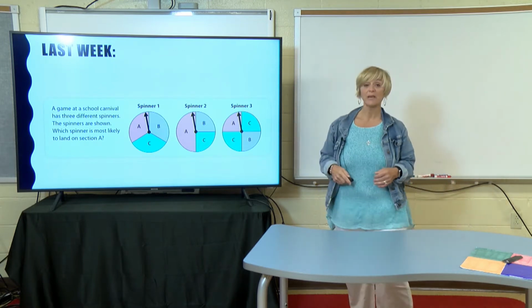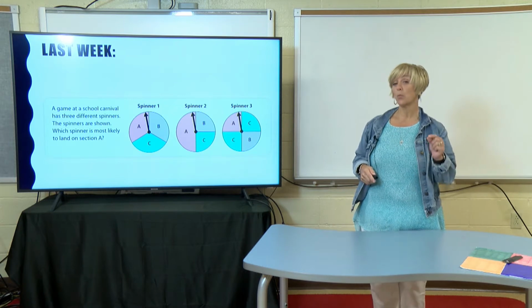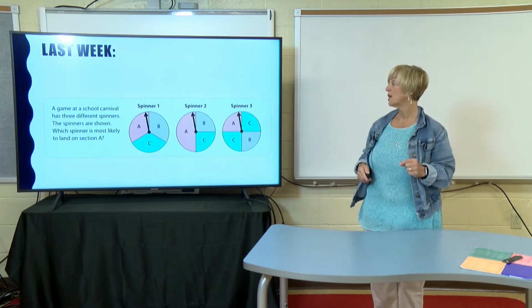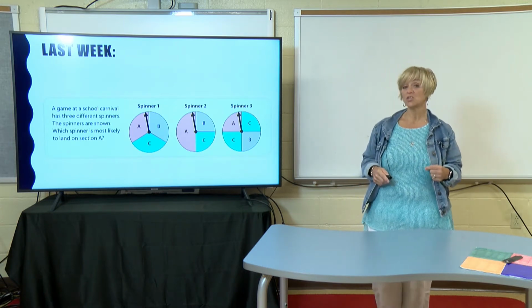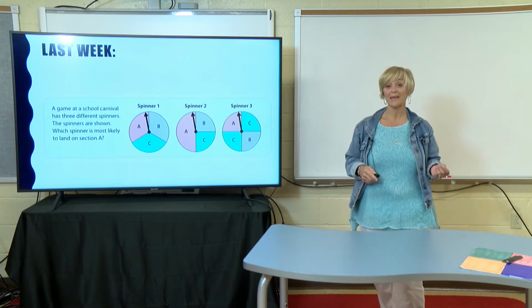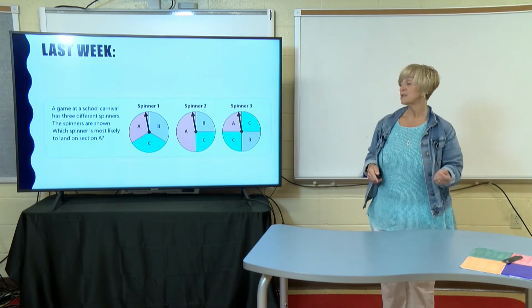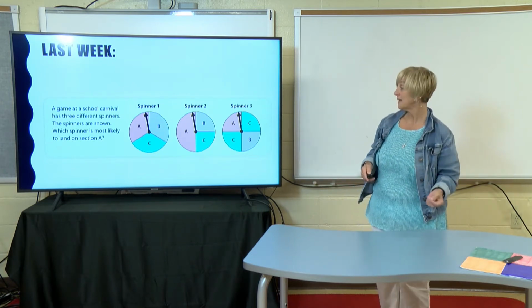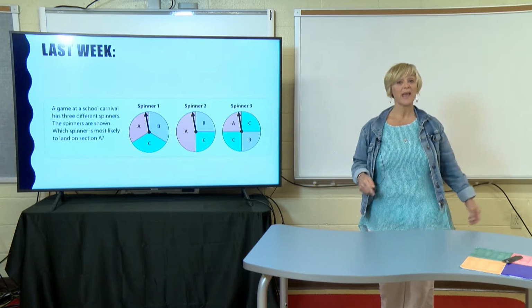In spinner 3, A only takes up 1/4 of the spinner, so you have a 1 in 4 chance of spinning an A. So yes, spinner 2 is more likely to land on A when you spin it.